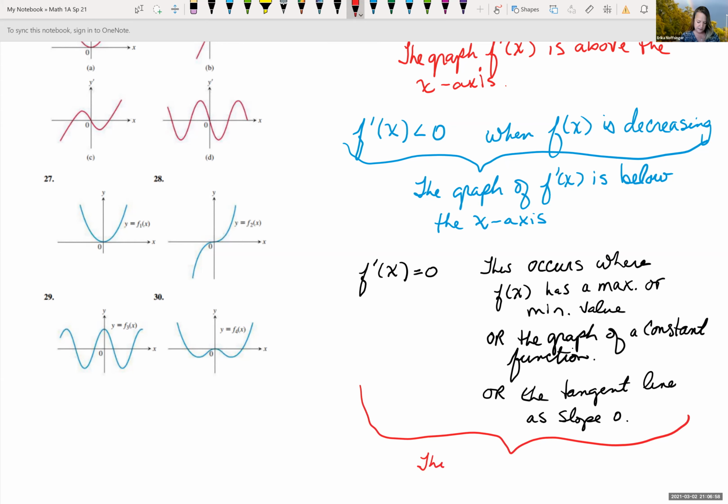So this is where the graph of f prime of x crosses or touches the x-axis.